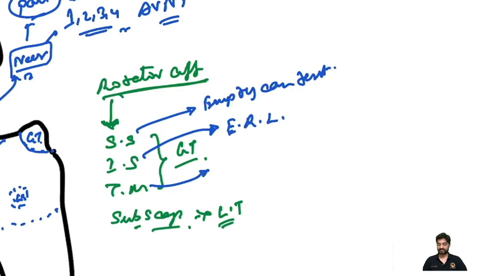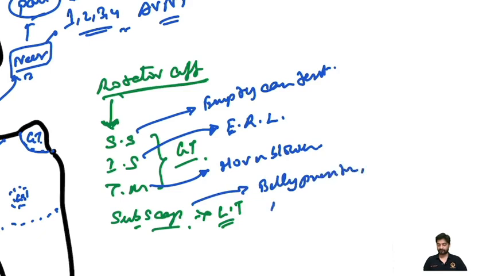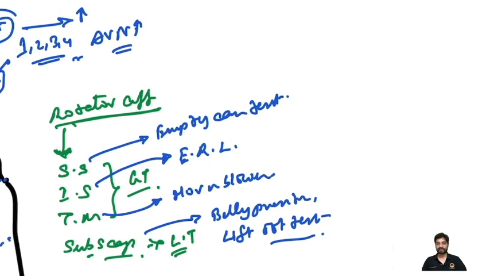Teres minor can be tested by the horn blower test, and subscapularis by the belly press test or lift off test. So remember these 4 important tests. A question may be asked like, horn blower test is used to test which muscle? Your answer will be teres minor.